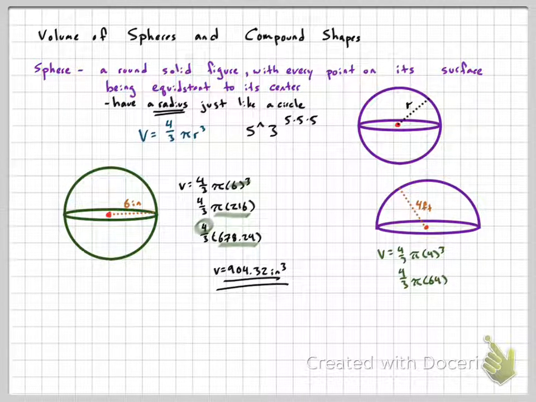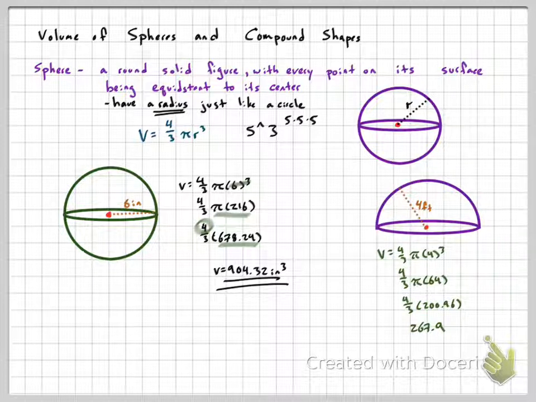64 times 3.14 is 200.96. So 4/3 times 200.96. I'm going to times that by 4. I get 803.84. Divide that by 3. I get 267.9. But remember, that's the volume if this was the entire sphere.